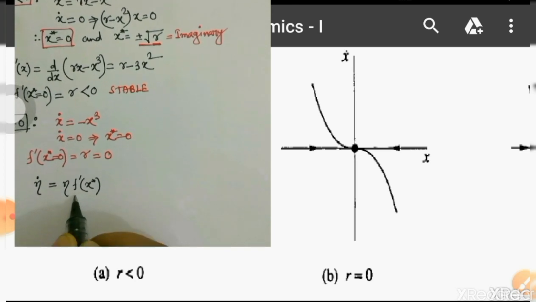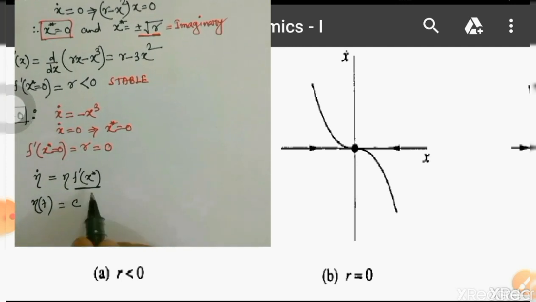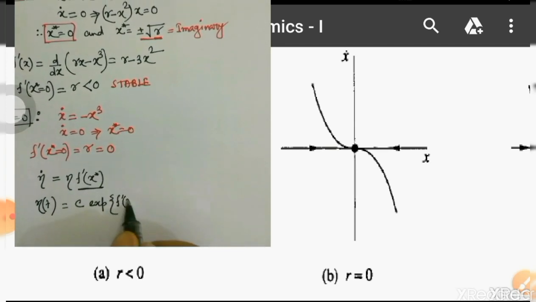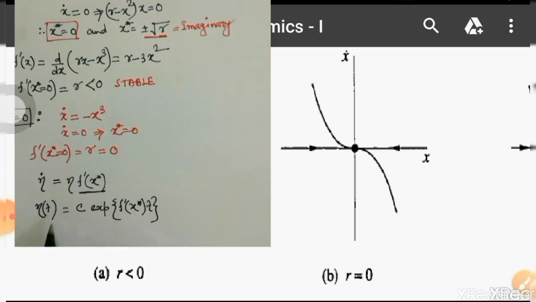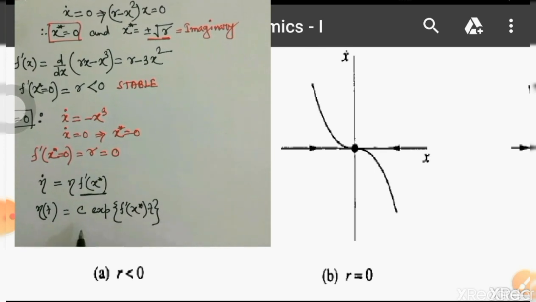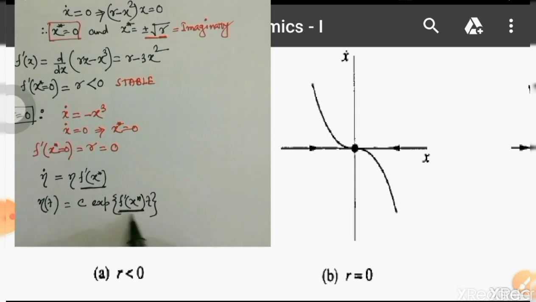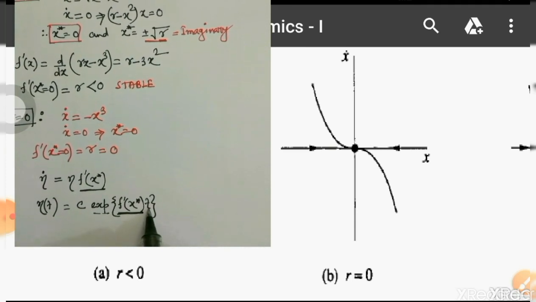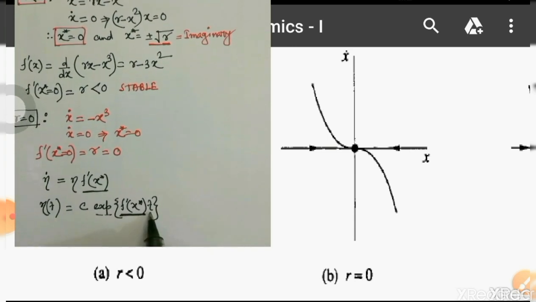So if we derive eta of t, it will be equal to some constant times the exponential of f prime at x star times t. We have derived this expression earlier. Now if f prime at the fixed point is greater than 0, then this exponential term will increase with time, so perturbation will grow with time.